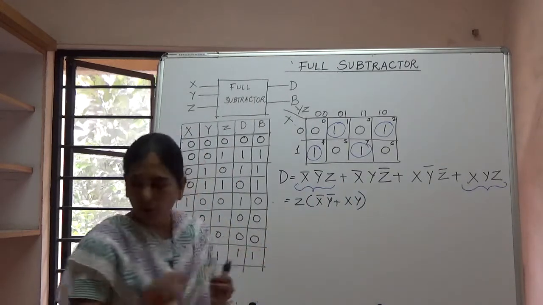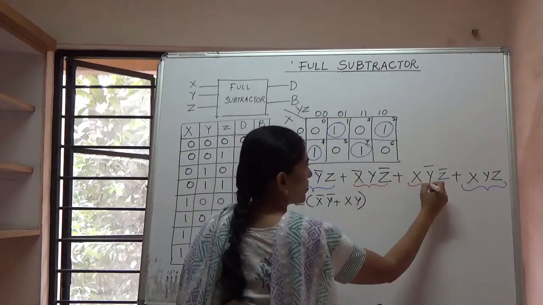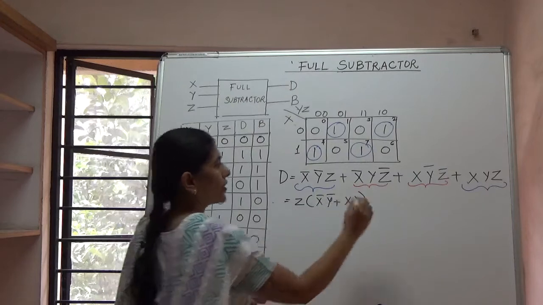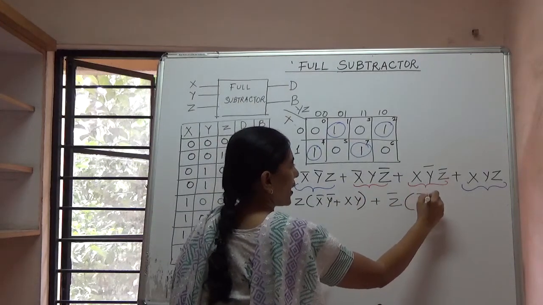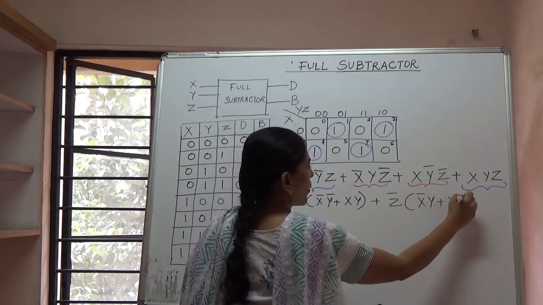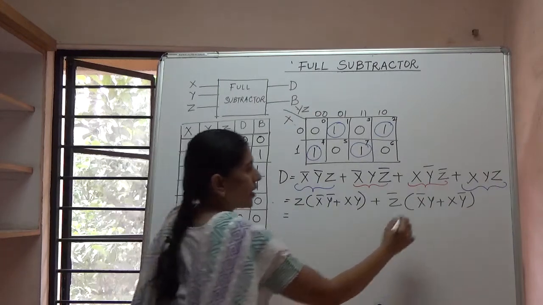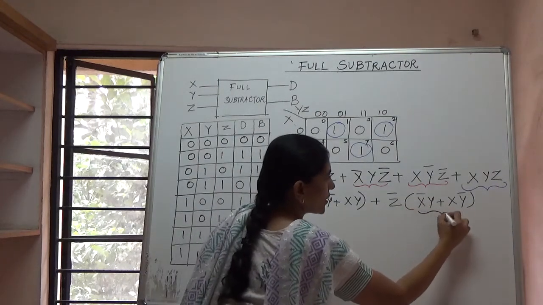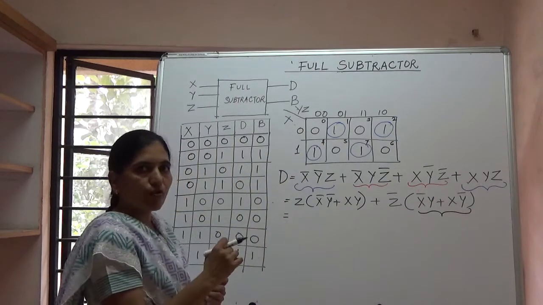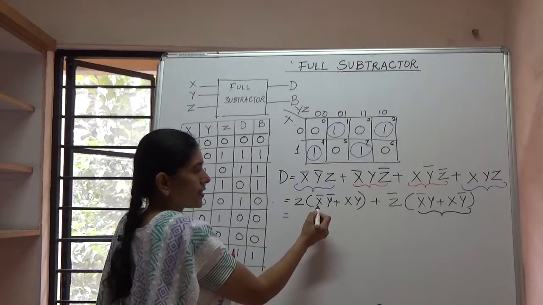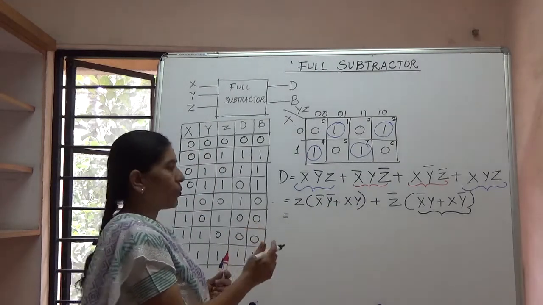Whereas if we group these two terms, where z bar can be taken common, then we can write this as z bar into bracket x bar y plus xy bar. Now x bar y plus xy bar is XOR of x and y, whereas x bar y bar plus xy is XNOR of x and y.